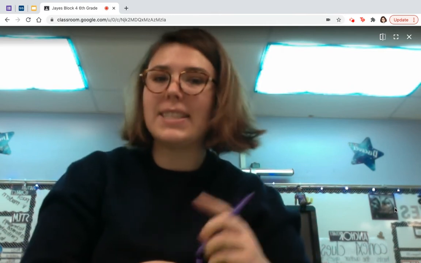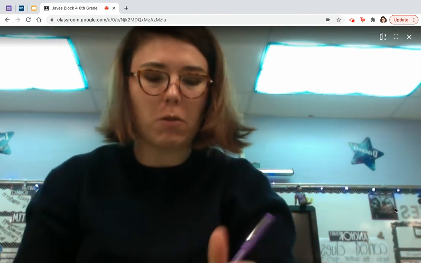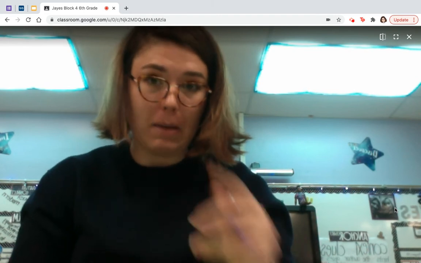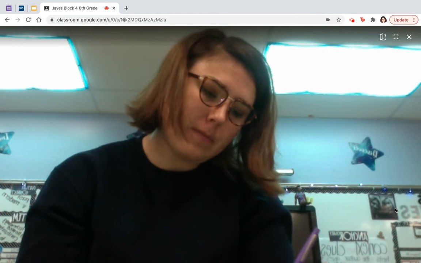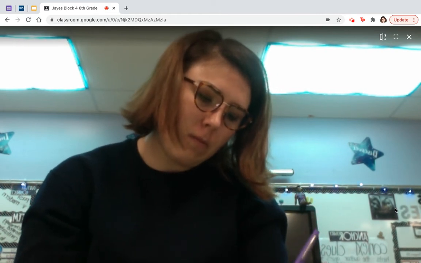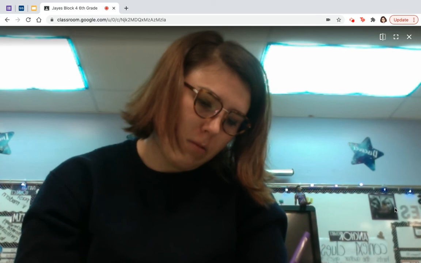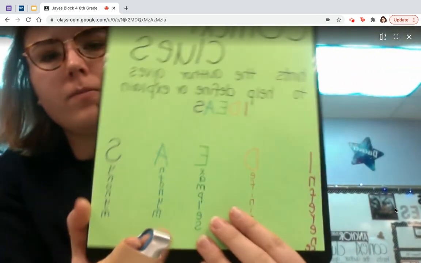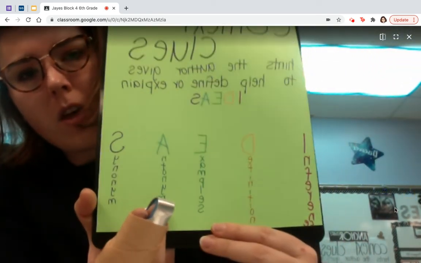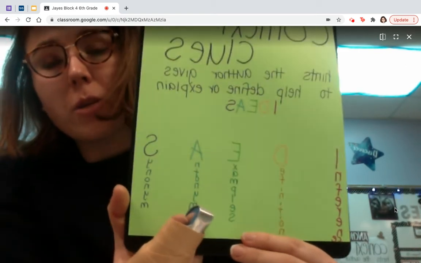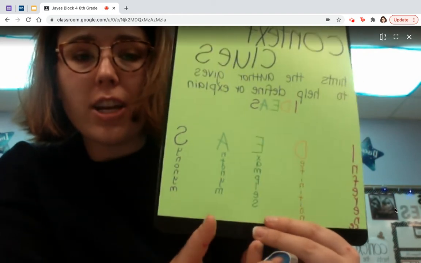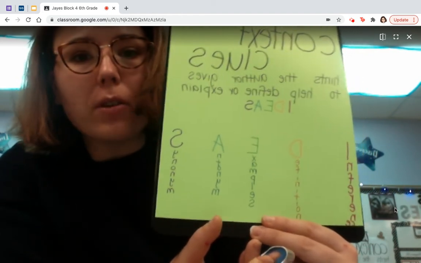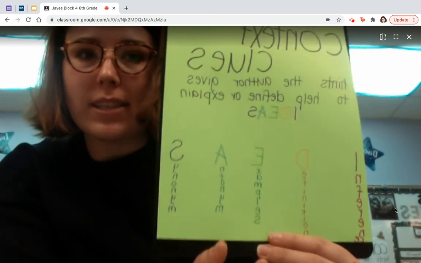Last but not least, if we have an antonym, it makes sense that the S is going to be a synonym, so a word that means the same thing, or a word that has the same meaning. So context clues could be inferences that help explain what is happening. You could be given a definition. You could be given examples, antonyms, or synonyms.